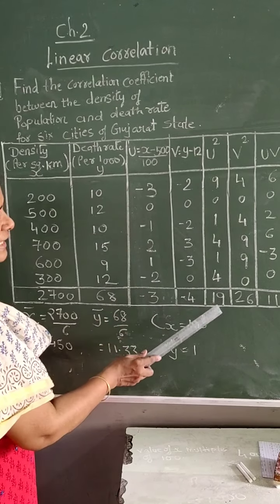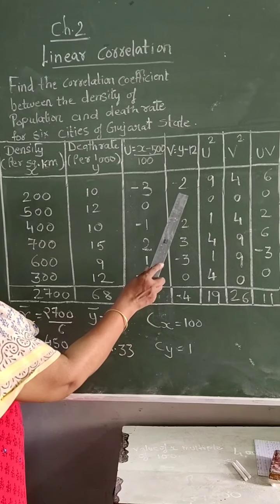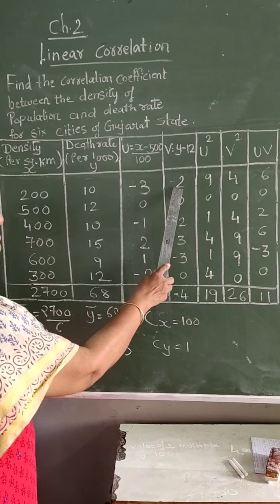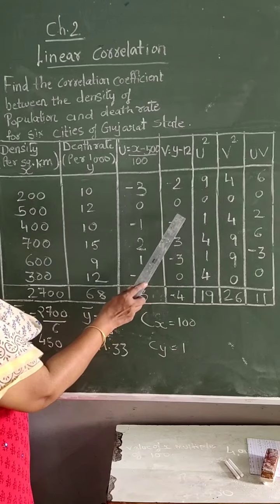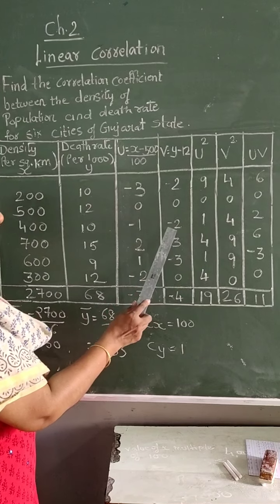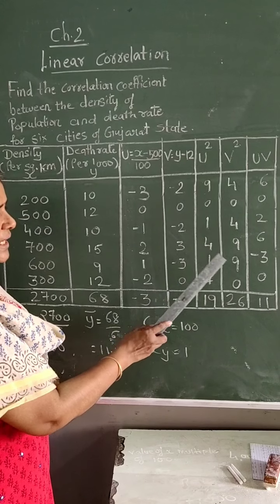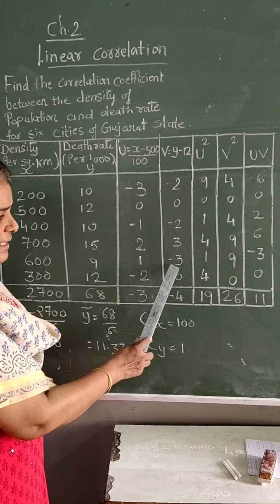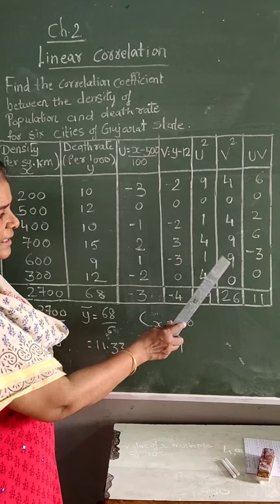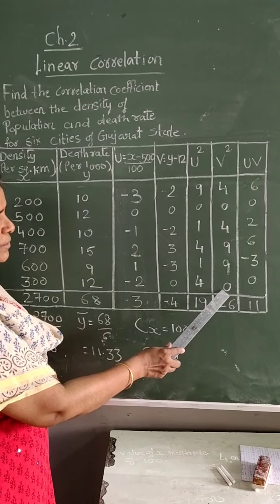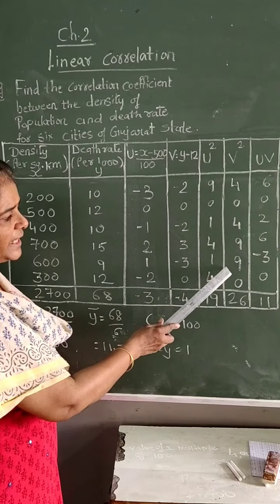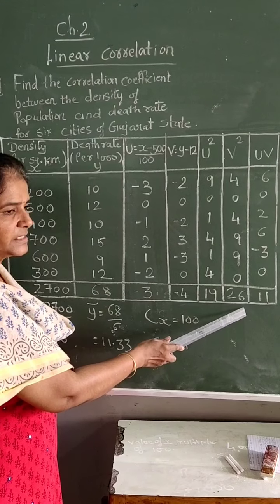Sum of that 19. Now v square: minus 2 square 4, 0, 0, minus 2 square 4, 3 square 9, minus 3 square 9 and 0, 0. Sum of v square comes to 26.